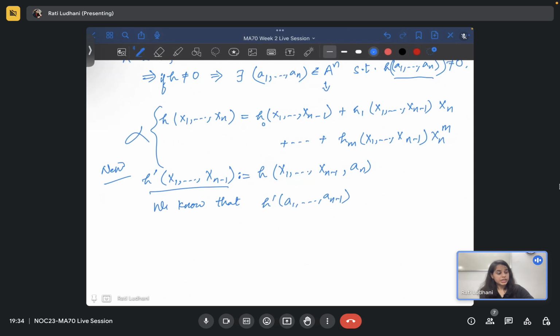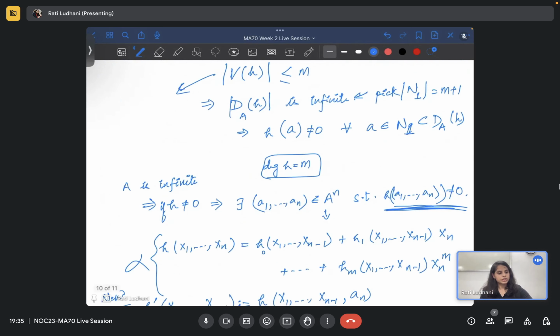Then h dash of a1 to an minus 1 is not equal to 0 for sure, because we know that when we put a1 to an minus 1, then h is non-zero. So I have chosen an so that we will have h dash to be non-zero at one point, because we need that thing. This implies h dash is non-zero, and we require that to use the induction hypothesis.